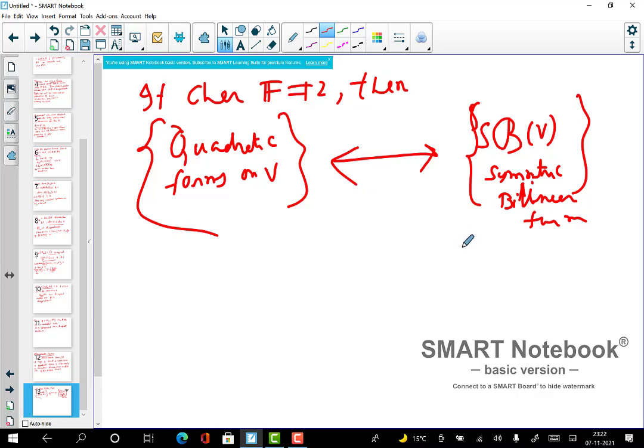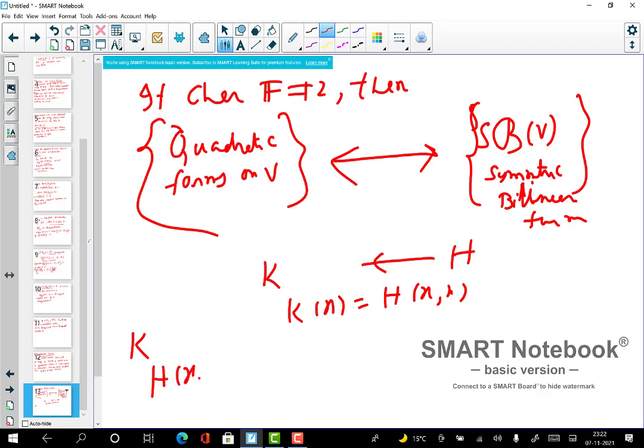If you have H, then you attach K by K of x equal to H of x, x. And if you have K, then you attach H of x, y equal to half of K of x plus y minus K of x minus K of y.